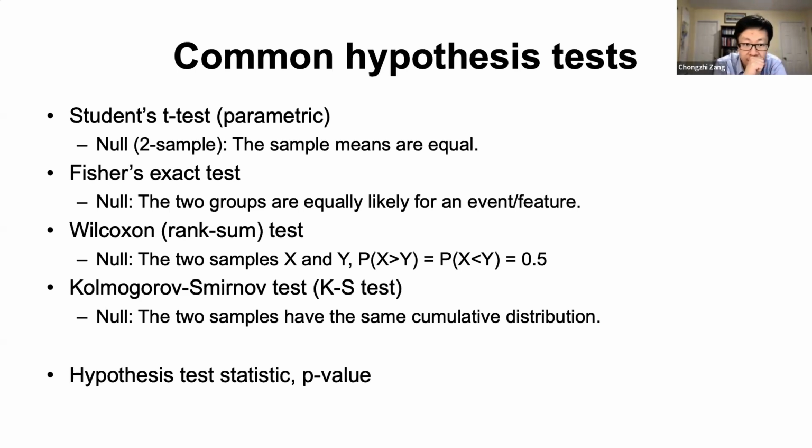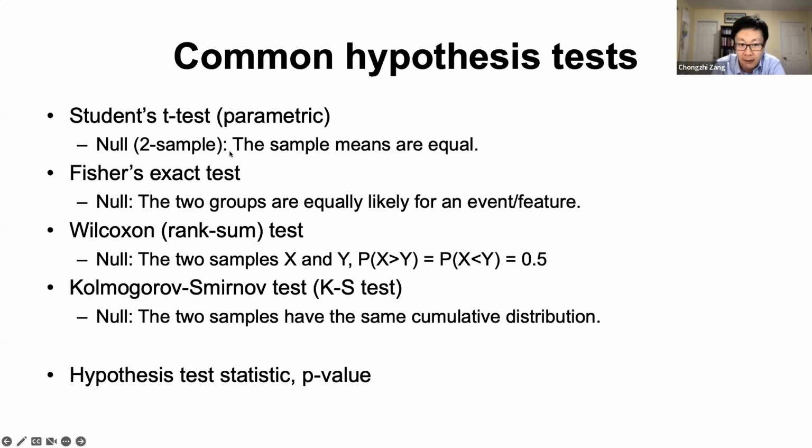The t-test is a parametric test. I just want to remind you to always keep in mind the statistical thinking about the null hypothesis. The meaning of the Student t-test is to test whether the null hypothesis can be rejected.